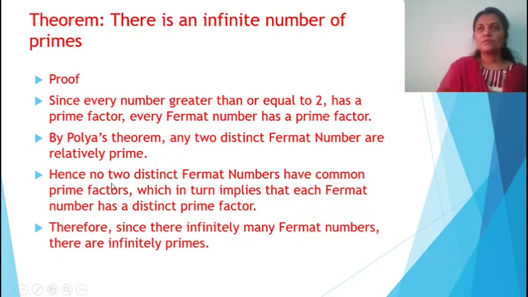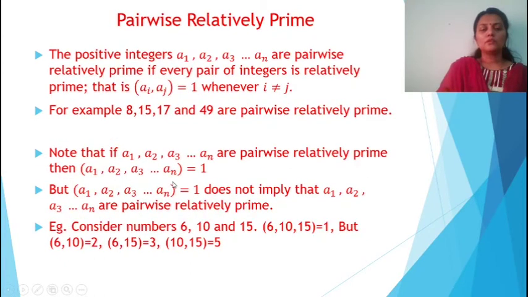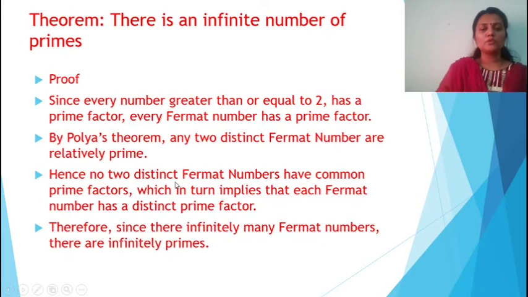So their GCD is 1, so they don't have any common factors other than 1, which in turn implies that each Fermat number has a distinct prime factor. Therefore, since the Fermat numbers are infinite, there are infinitely many prime numbers.